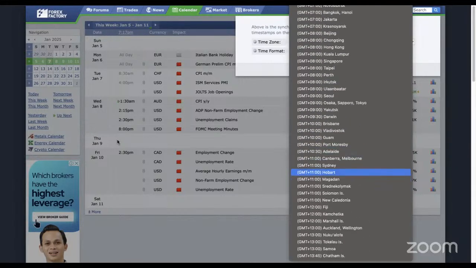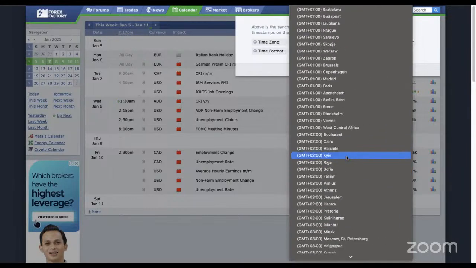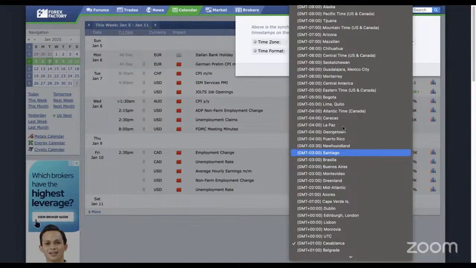So the timing here is not coinciding with my time. If I change the time to something, I'm seeing West Africa. I think you have to go up, further up a bit.